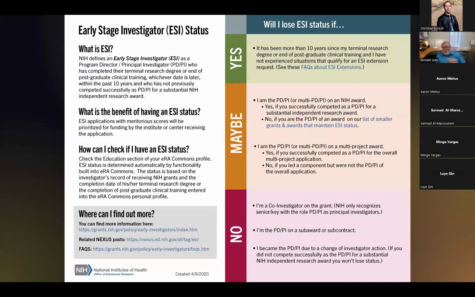Okay. So before you go on something as a multiple PI or something like this, call up the NIH and make sure you're not losing that status, because this is going to be the one chance you really get to get your first R01 award.